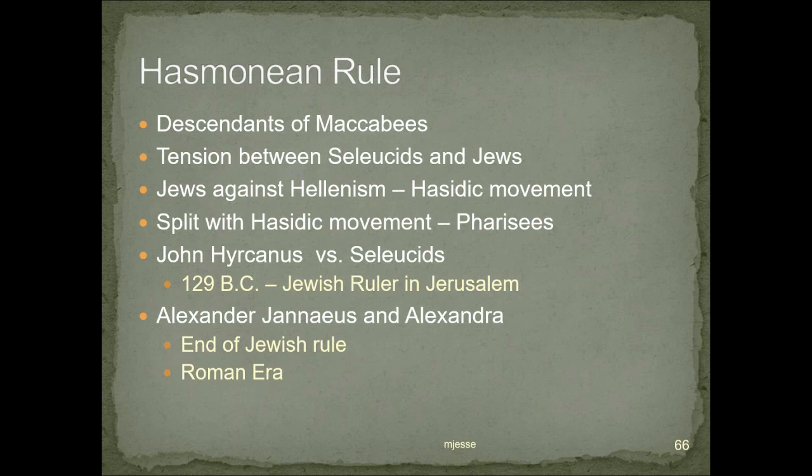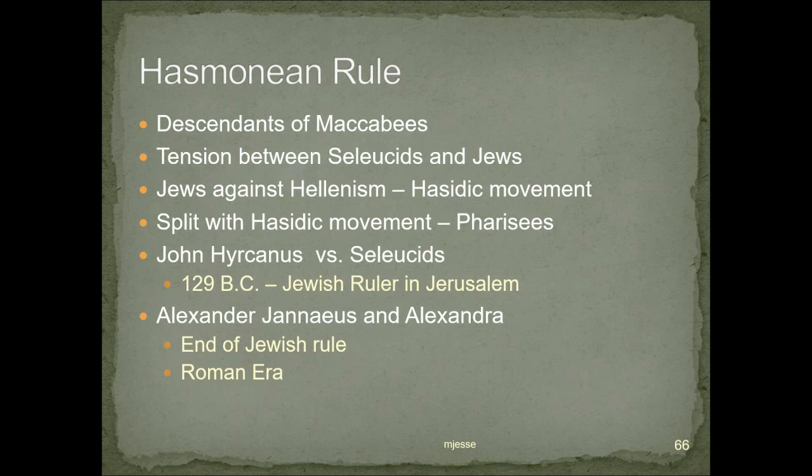The next ruler after John Hyrcanus is Alexander Jannaeus, and he's a very brutal and cruel ruler who dies, and so Israel is now left to the control of his widow, Alexandra. The widow, Alexandra, supports the Pharisees, and so she allows them to be entered into the Sanhedrin Jewish High Court.